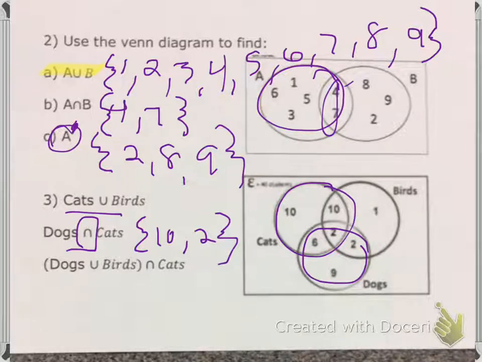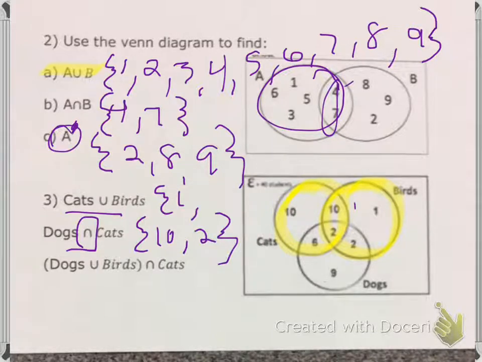The union part would be everything in those two groups. Oh, I'm sorry, this one's actually cats and birds. So I need to go look at that one. I'm going to just highlight those. I would have cats, which is this one, birds, which is this one, and I would write everything down in both of those. So I would have 1, 2, I could list the 2 again, but I'm not going to, 6, and 10.